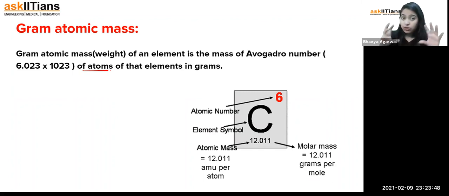So, to know the exact quantity or the exact number of those many particles which I should be taking, Mr. Avogadro did an amazing work.